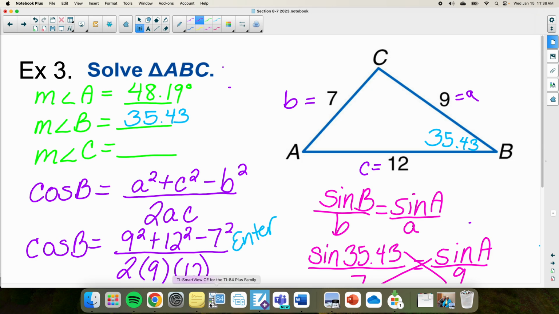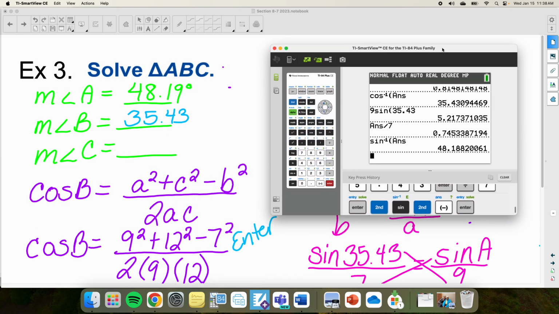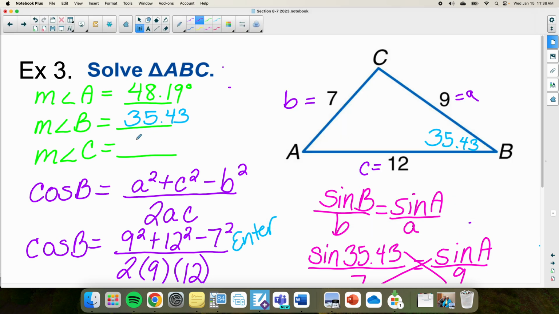So let's do that. That part you don't have to show work for, but here we'd go 48.19 plus 35.43 equals, and then I'd go 180 minus, and I could go second answer if I wanted to, and that gives me 96.38 degrees.